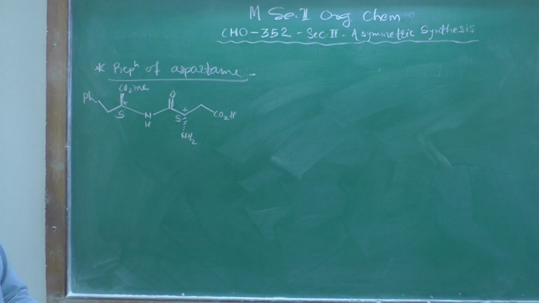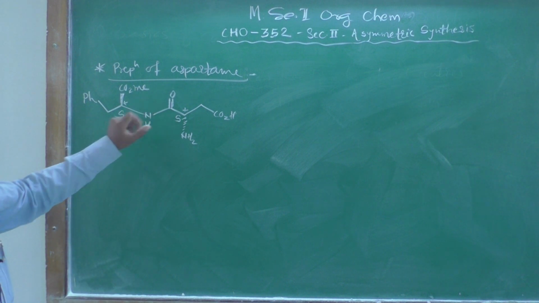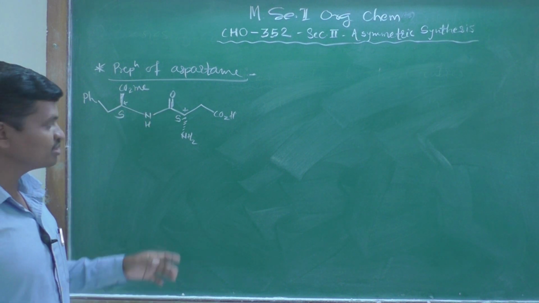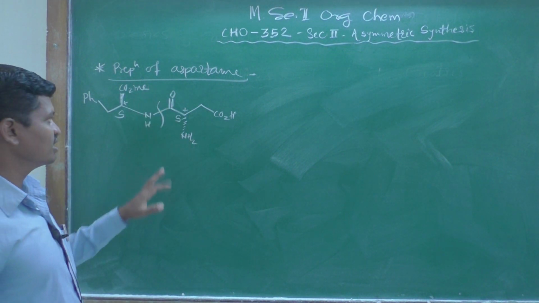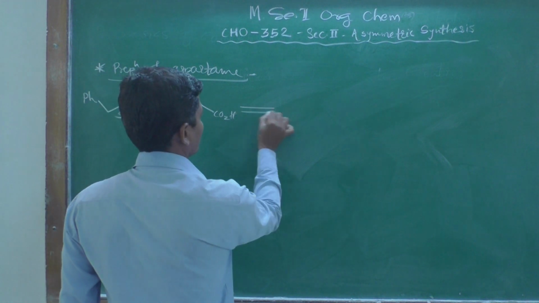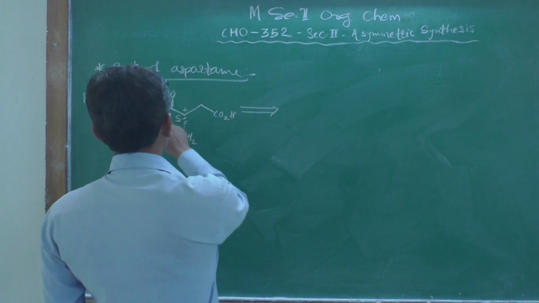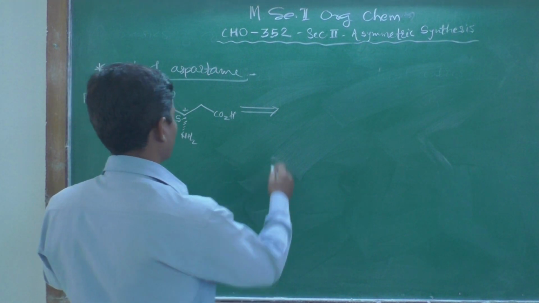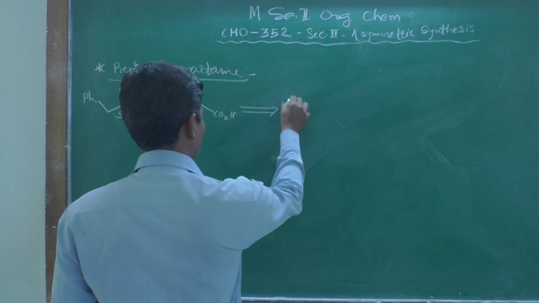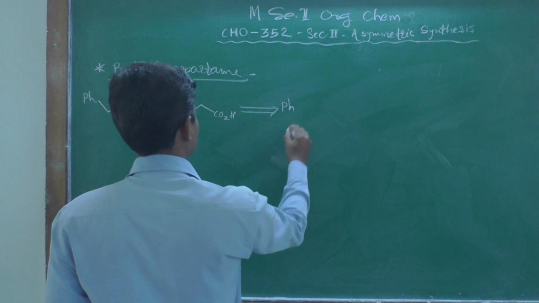When we do a retrosynthesis of this aspartame molecule, you can see the amide bond, NHCO. By cleavage at the amide bond, you may get two molecules.